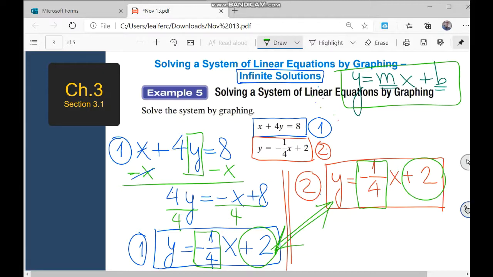And this is what happens when you have a system with infinite solutions, a dependent system. After you make the first equation look like the slope-intercept form and do the same with equation number 2, you're going to have equal equations, because equal equations will produce equal lines, the same lines.